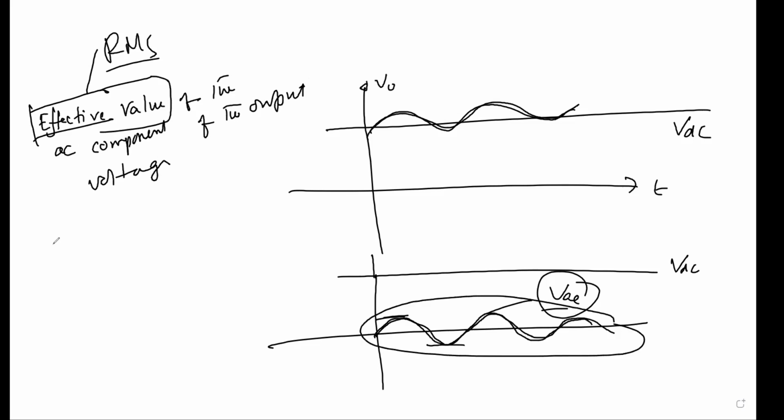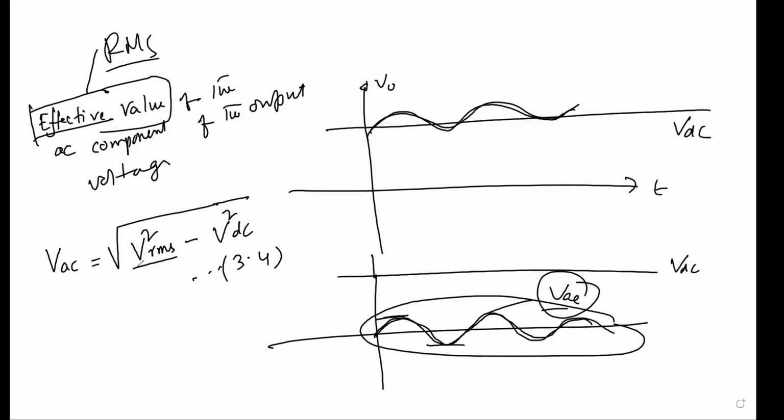That will be termed as VAC, and the formula you can find here, but I am not deriving this one. That should be given in chapter 2 of your book. If you want, just go and see. This is your equation number 3.4. So what is this RMS? This is the RMS value of the total wave shape, not the AC, total.